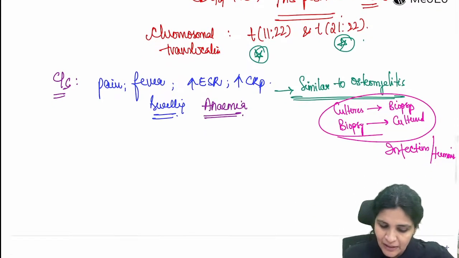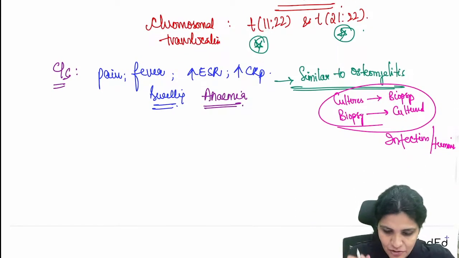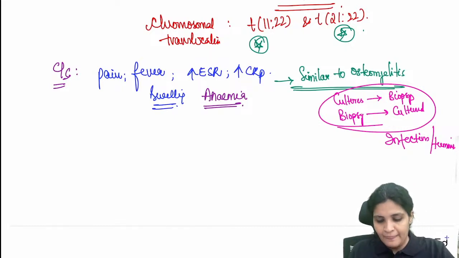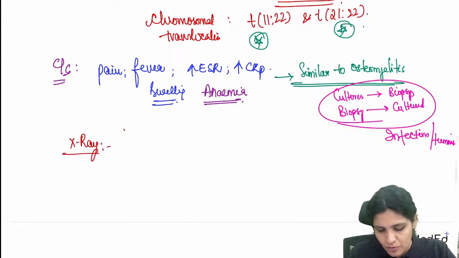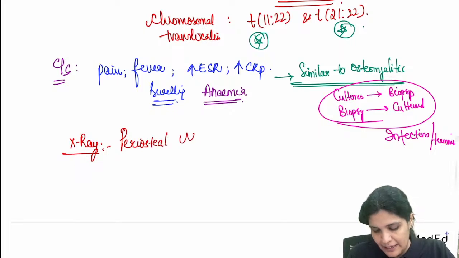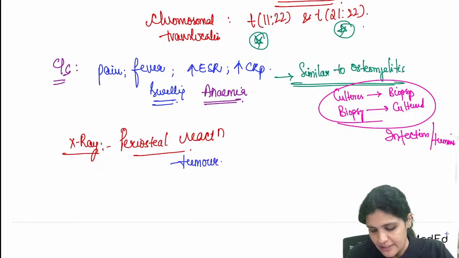So this is about the clinical signs and symptoms in case of your Ewing sarcoma. And then we go for, as I told you, blood tests, again you see ESR and CRP. Then X-ray, you see a peculiar periosteal reaction. Before that, you know the tumor is located in the diaphyseal region.